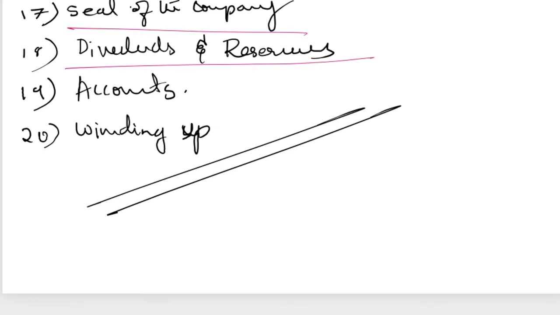So dividends means shares to the shareholders. Then accounts, then winding up of a company. So all these details will be there in articles of association.